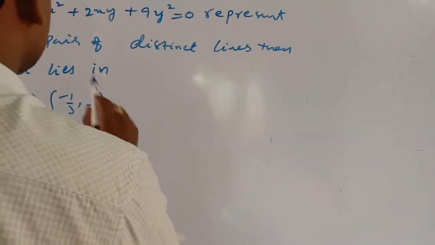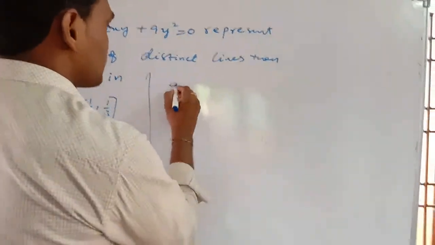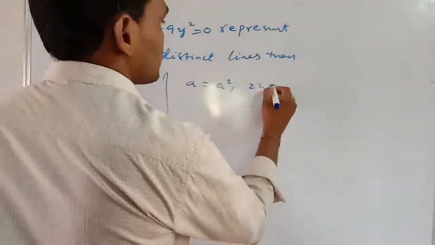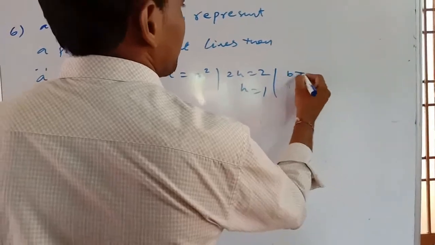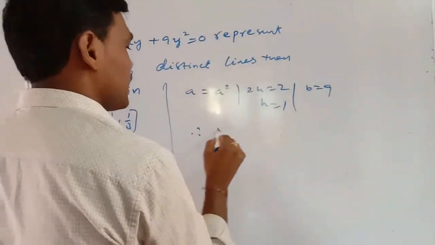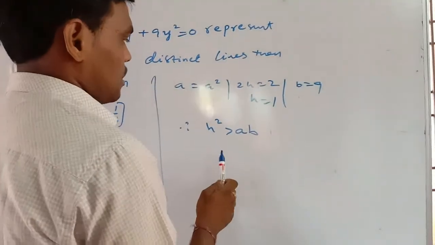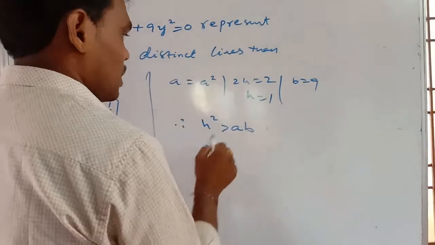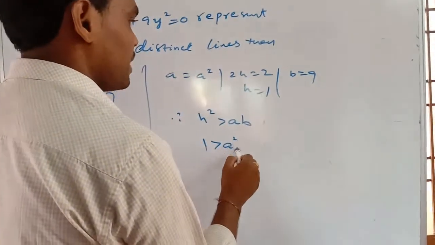Here it is compared with ax square plus 2hxy plus by square is equal to 0. Here a is a square, 2h is equal to 2, h is 1, and b is equal to 9. Now it represents a pair of distinct lines, that means h square is greater than ab. Now h square means 1 is greater than ab. Here a is a square and b is 9.